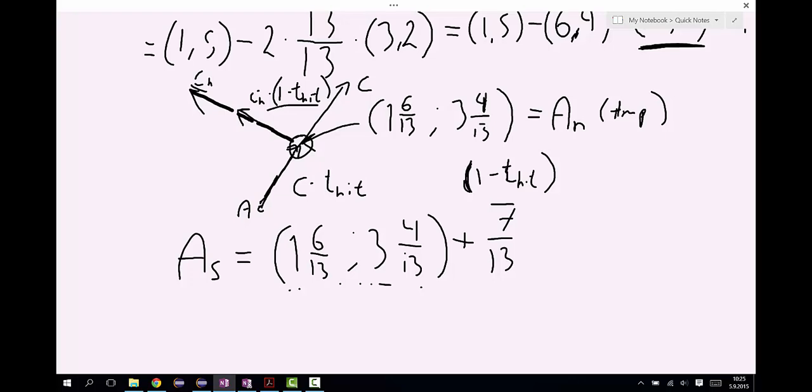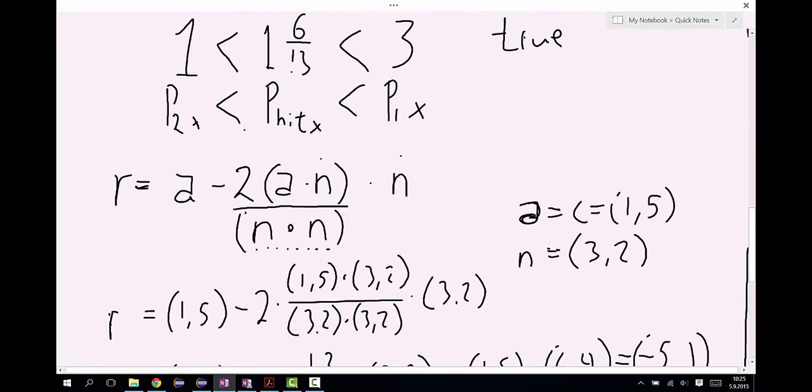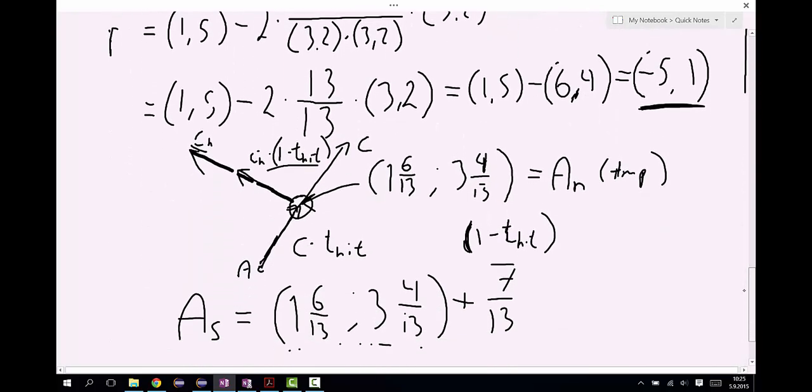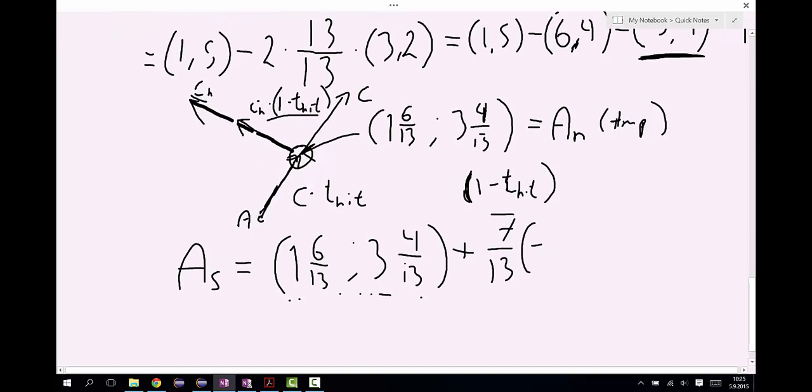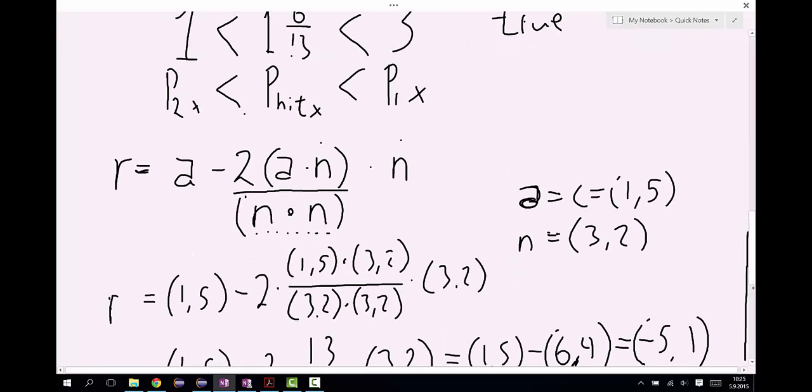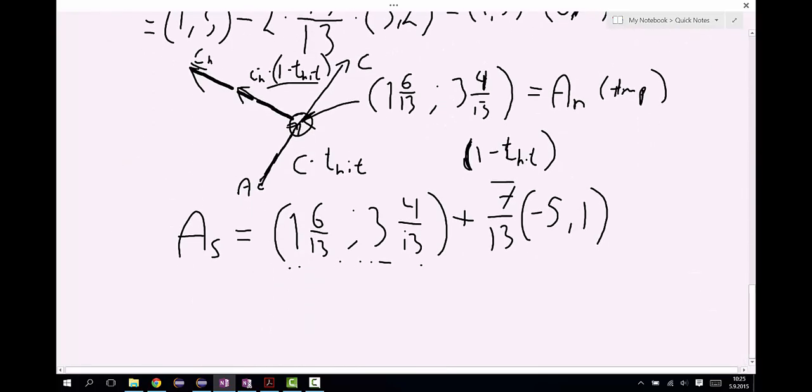Seven thirteenths times the new vector, which is minus 5, 1. So this gives us the final answer of 7 times 5 is 35. Not plus, but equals.